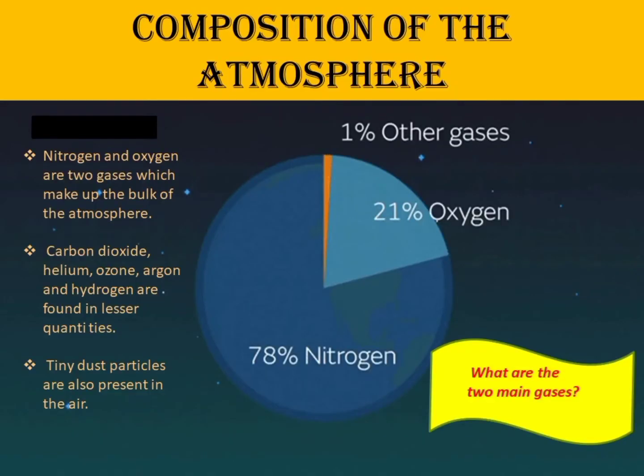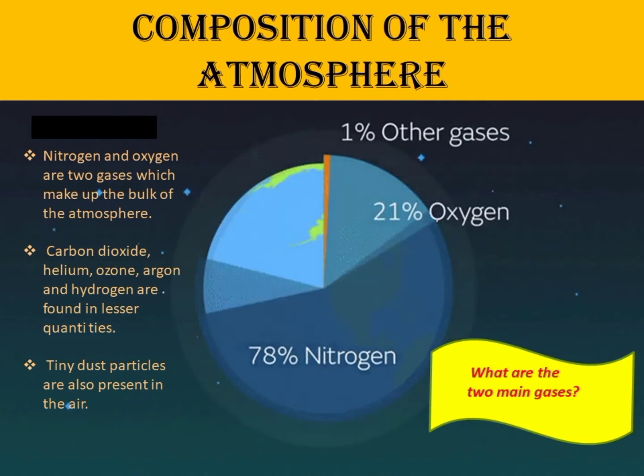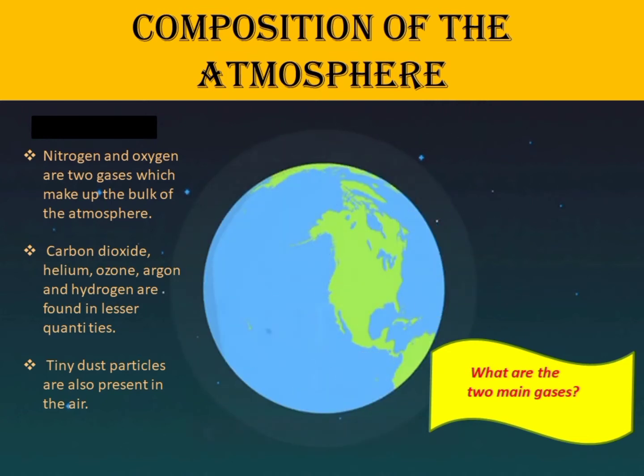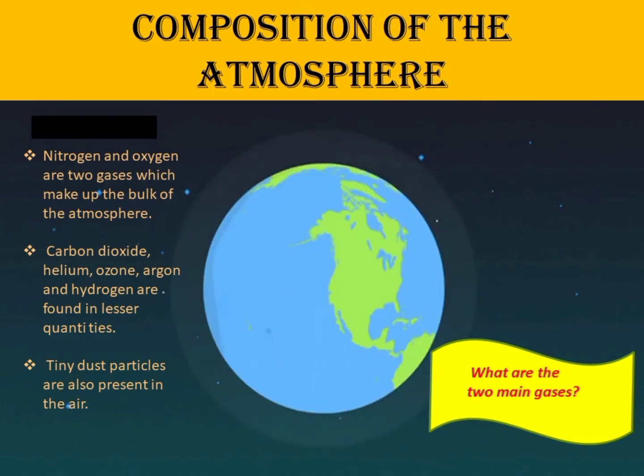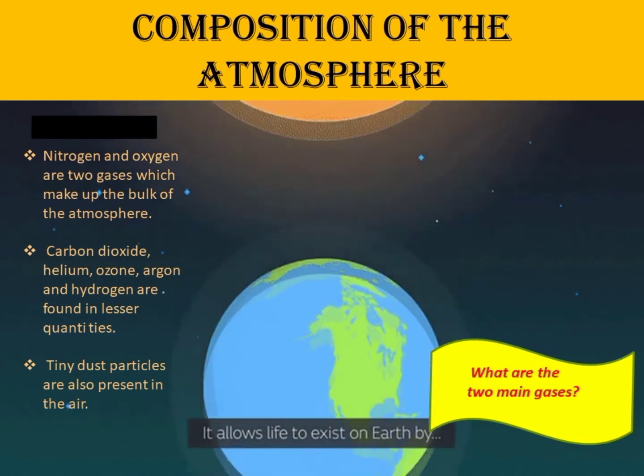Composition of the atmosphere. The air we take in while breathing is actually a mixture of many gases. When we take oxygen, we take other gases also, because different gases are present in the atmosphere. Nitrogen and oxygen are two gases which make up the bulk of atmosphere.